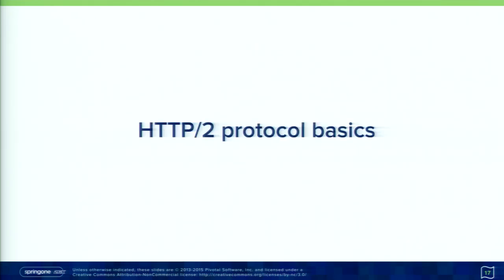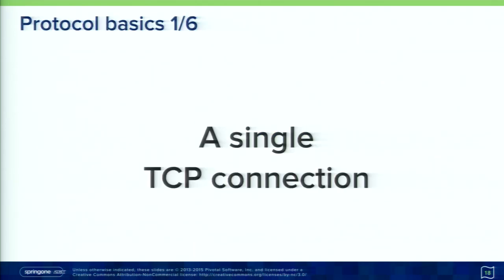So if we want to discuss the basics of HTTP2, HTTP2 is fixing latency. That's the main goal. And how? First, it's using a single TCP connection. It means we are spending less time within the TCP handshake and within the initial congestion window of TCP.